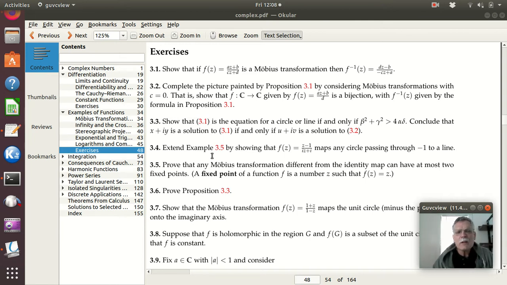So they want you to extend example 3.5 by showing that this particular map maps any circle passing through -1 to a line. And I was kind of going from first principles and so forth as far as just this mapping here.